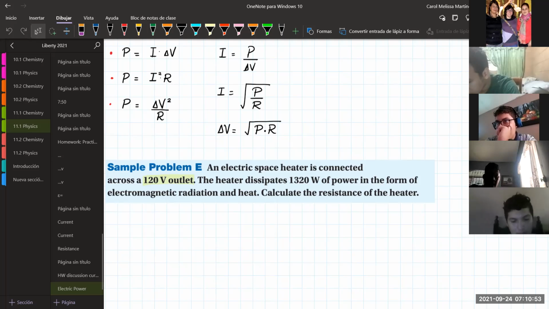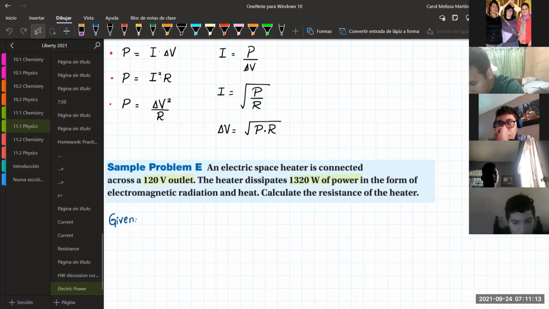Then it says that it dissipates 1320 watts of power. So they're telling you it is power in the form of electromagnetic radiation and heat. Calculate the resistance of the heater. So these are the only two givens, and they're asking you to find the resistance.